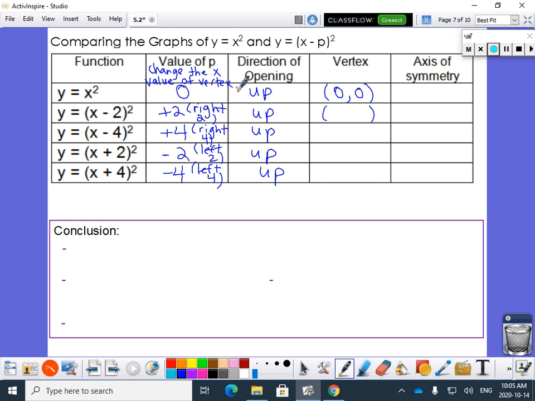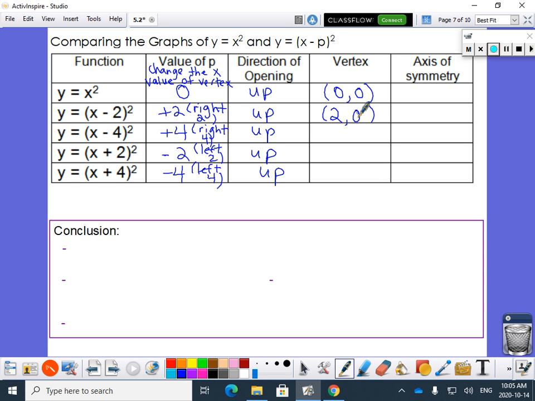Because here, p looked positive, but we know now that it's really the opposite, it's negative. And we need this for our vertex. Okay, so now our x is going to change and our y will stay at 0. So what's going to be the x value of this vertex? Positive 2. Okay, so again, you're going to look here and say, oh, it's negative, but no, it's really positive.